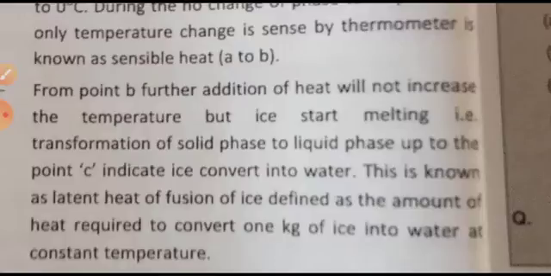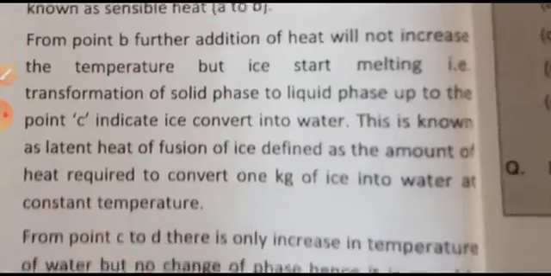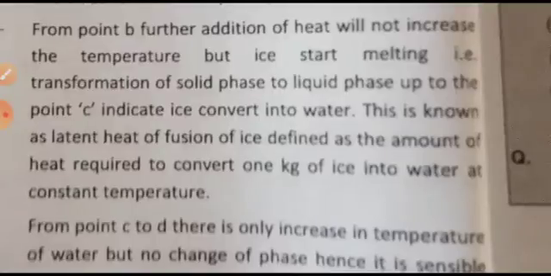But here, B to C, the temperature of water is not increasing, but the phase, from solid to liquid, is getting changed. That's why this heat is getting hidden somewhere. Therefore this heat is called latent heat of fusion.